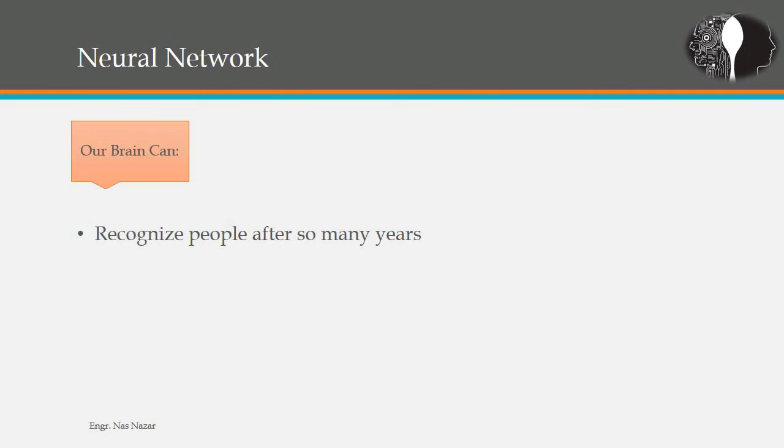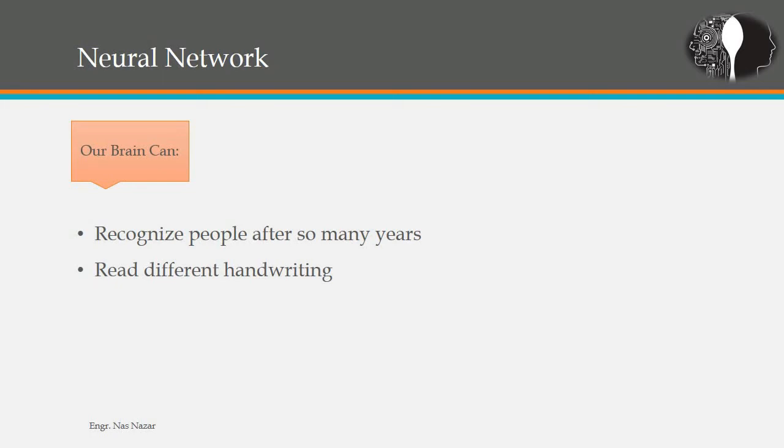But this is a very easy task for our brain, and we can recognize our best friend even after a few years, like 3 years, 5 years, without any hesitation. The next thing that our brain can do, and this is very fascinating, is read different handwriting. The kids during elementary school might not really be good at this task.